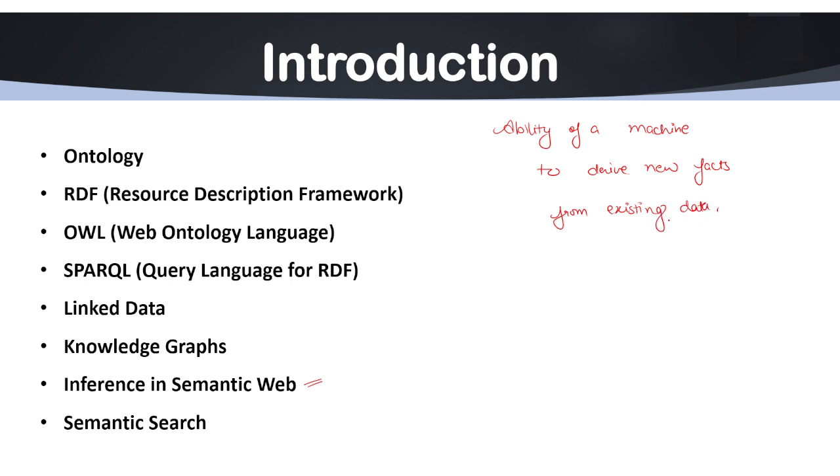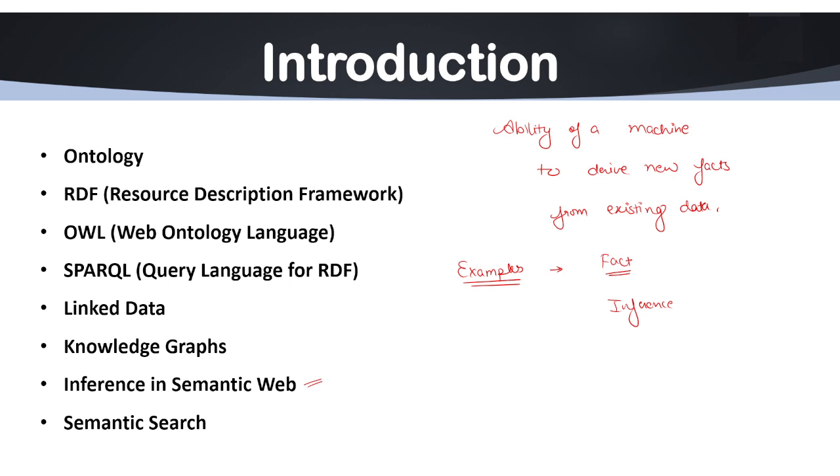Why is this important? So machines can think beyond the stored facts. For example, let's say we have one fact that cats are animals and animals need food. Other than the fact, we have inference.